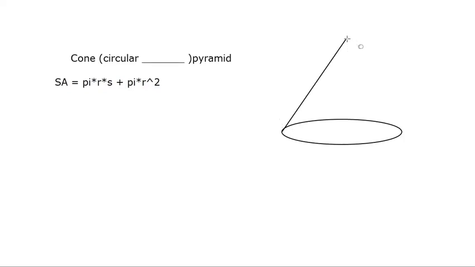Here's our cone. See how we can hang a star right on the top on the point. You can't sit there. That makes it a pyramid. The slant height is this length, this distance, this measurement here, up the side. That is your S, or your slant height.